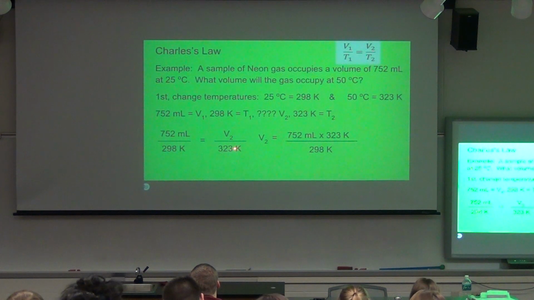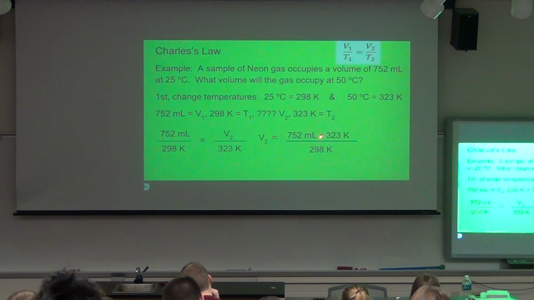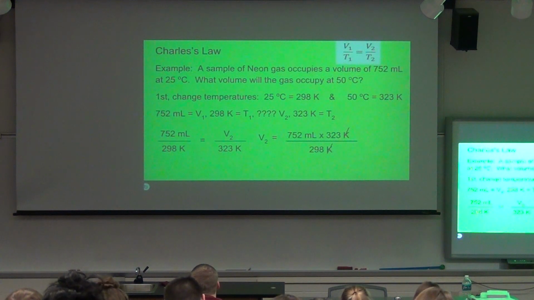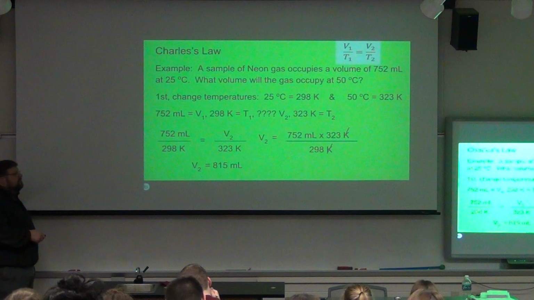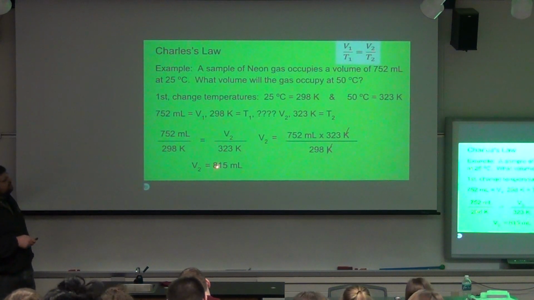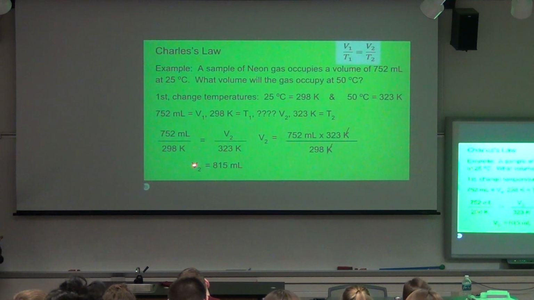So we multiply both sides by 323. Notice that our kelvins are going to cancel out. That leaves us with our volume of 815. Did it go up? It sure did. 752 up to 815.